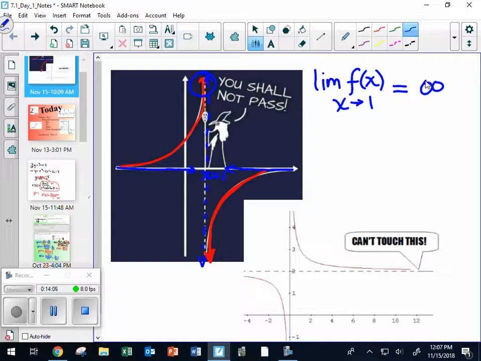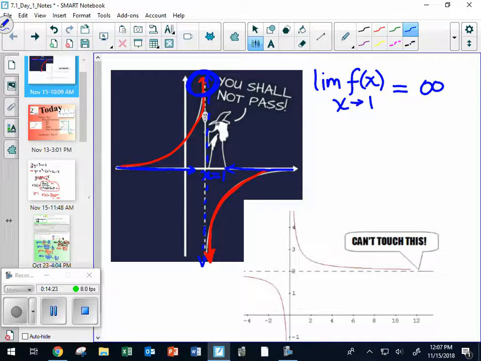So there are two small things that we have to add to our idea of limit that we have not talked about yet. If we are looking at our limit of our function as x approaches 1, and we just want this part here as x approaches 1 from this side, it is approaching from the left side.